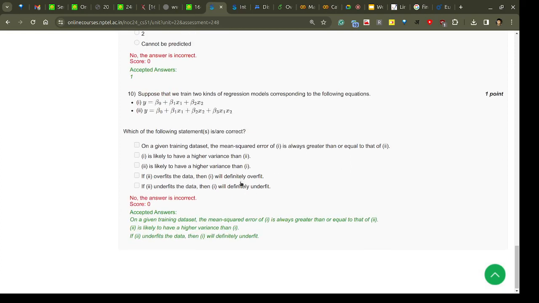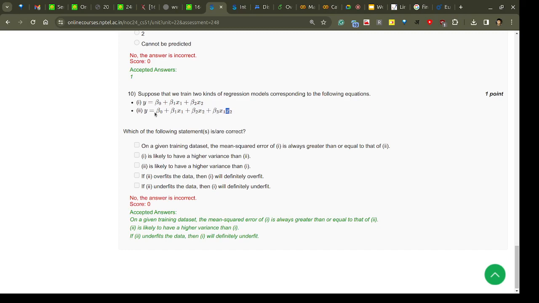Okay, so you have two models. One is beta 0 plus beta 1 x1 plus beta 2 x2. This is a simpler model compared to the other one. This one has an additional parameter beta 3, and we are giving x1 x2, which is just a multiplication of these two inputs.